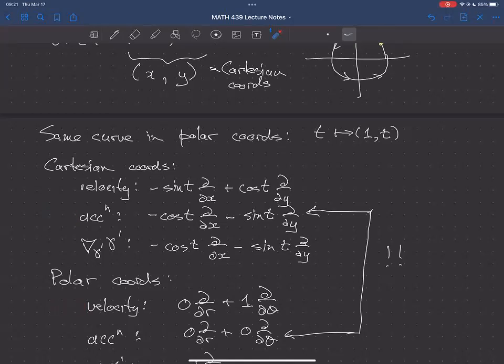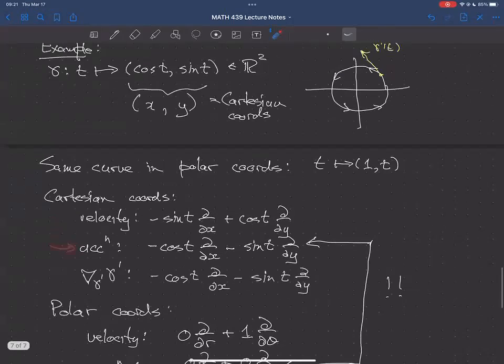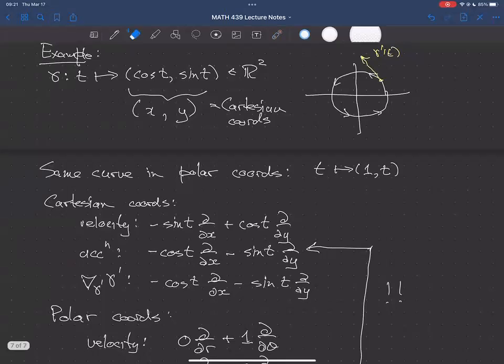But the acceleration, the naive acceleration in Cartesian coordinates, the naive acceleration is blue, and it points directly in towards the center of the circle, right? So you know this from physics. As you go around a circle with uniform speed, the acceleration points to the center of the circle.